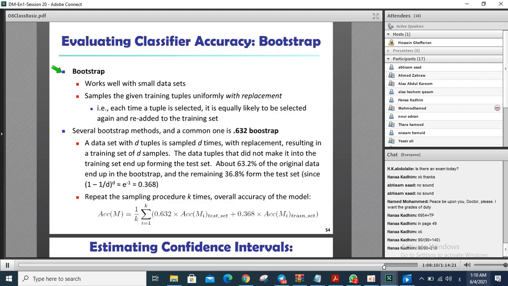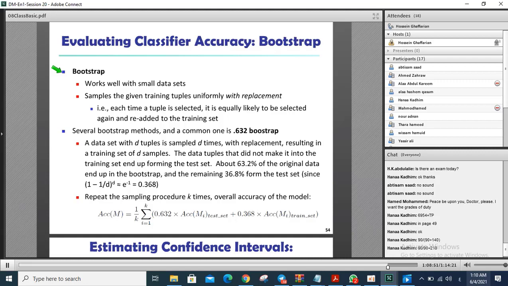The bootstrap method works well for small data sets because it uses a replacement method during the choosing of the training tuples.